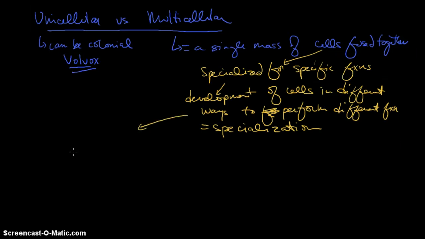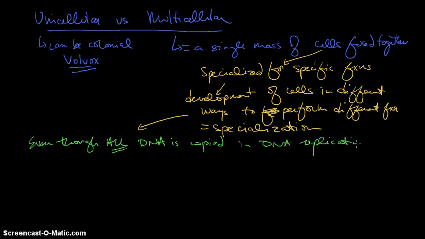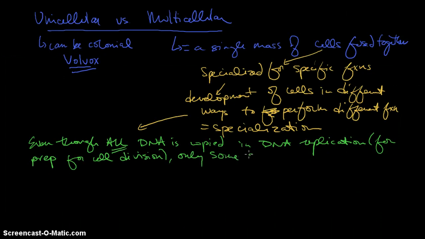So, just as a connection to a previous unit, even though all DNA is copied in DNA replication, which is really for preparation for cell division, only some sections of the DNA are read, and it really depends on which cell is doing the reading.